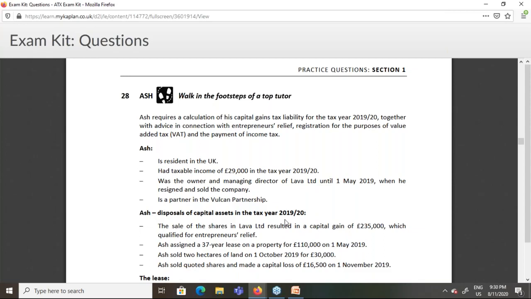Disposal of capital assets in the tax year 2019-20. The sale of shares in Lava Limited resulted in a capital gain of 235,000, which qualified for entrepreneur's relief.